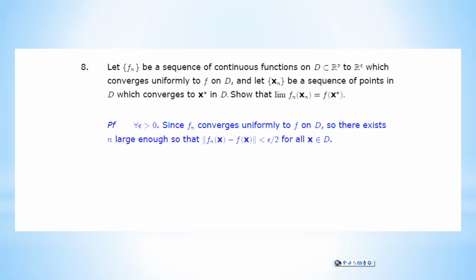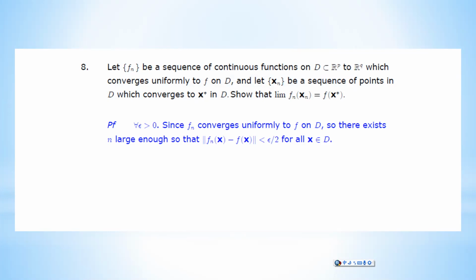We're going to achieve this by using the epsilon-N argument. We're going to show the limit of fn(xn) equals f(x star). So given epsilon greater than 0, first we use the fact that fn converges uniformly to f.